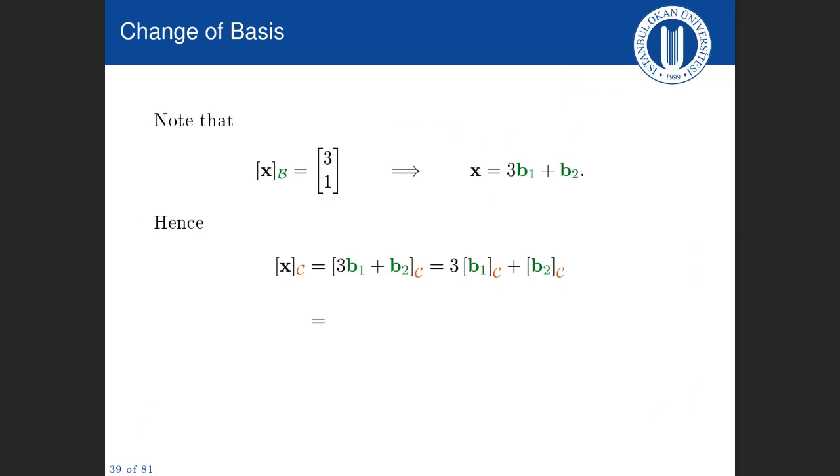So what can we do? We're starting with the information that the coordinates for x relative to the basis B is 3, 1. That means x is 3b1 plus b2.